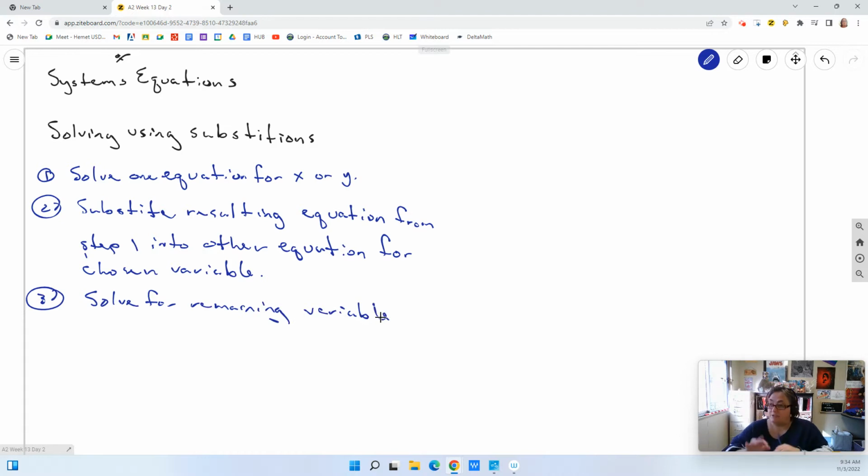Sometimes I think I should use text for this part and just type it in, and then it would be far more legible. Number four, substitute the answer from step 3 into the original equation.